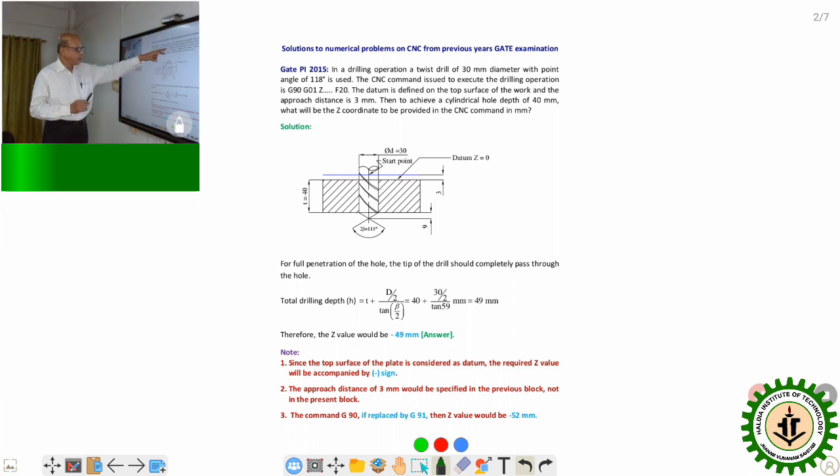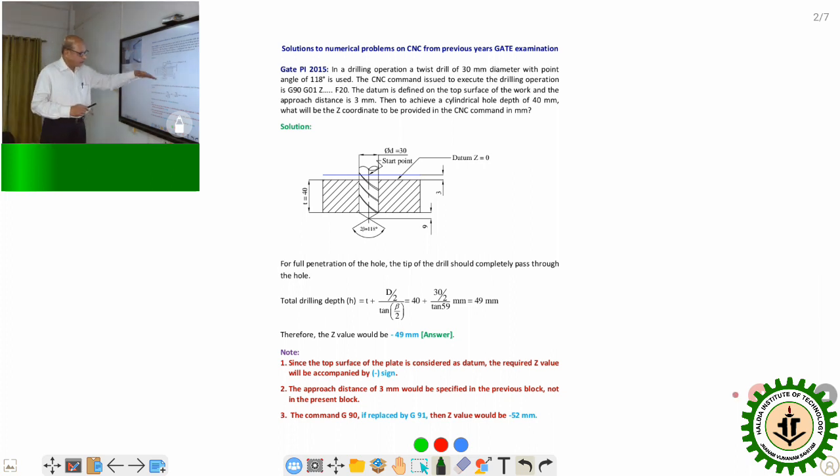In this particular case, it is already stated that the top surface is considered as the datum or reference. As far as axis nomenclature is concerned, since the tool movement is vertically up and down, this will be considered as the Z axis. So I have mentioned in this drawing that the datum is Z0.